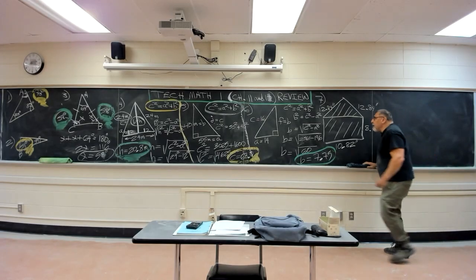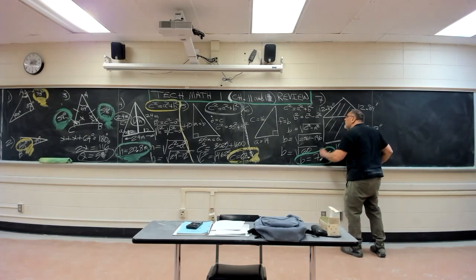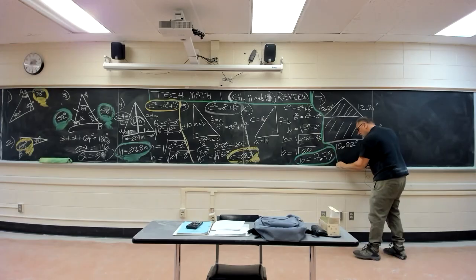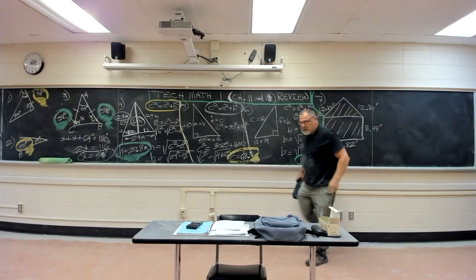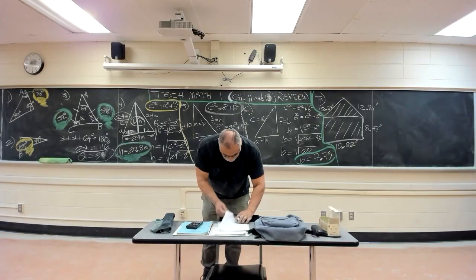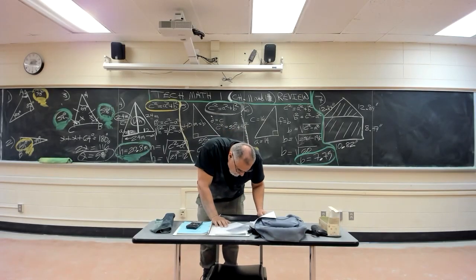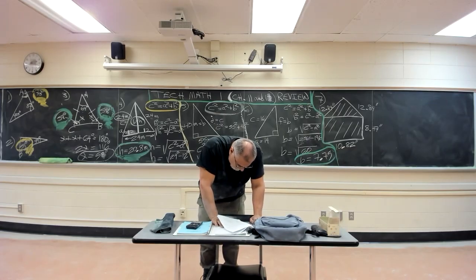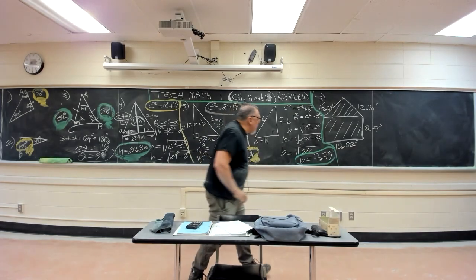So we got to here, and that's looking good. So let's look at 7. Now, 7's a neat one. Find the area of the figure to hundredths. There's a lot going on here.